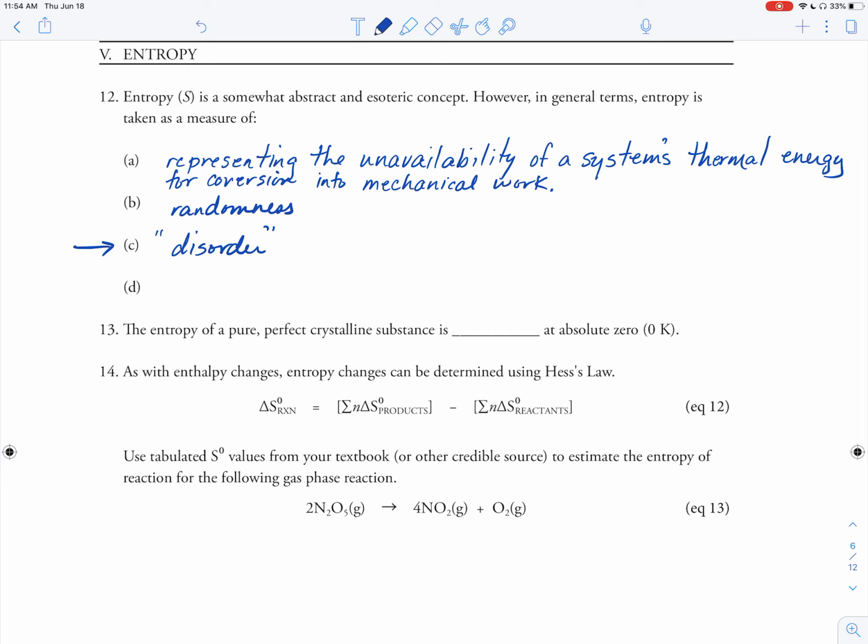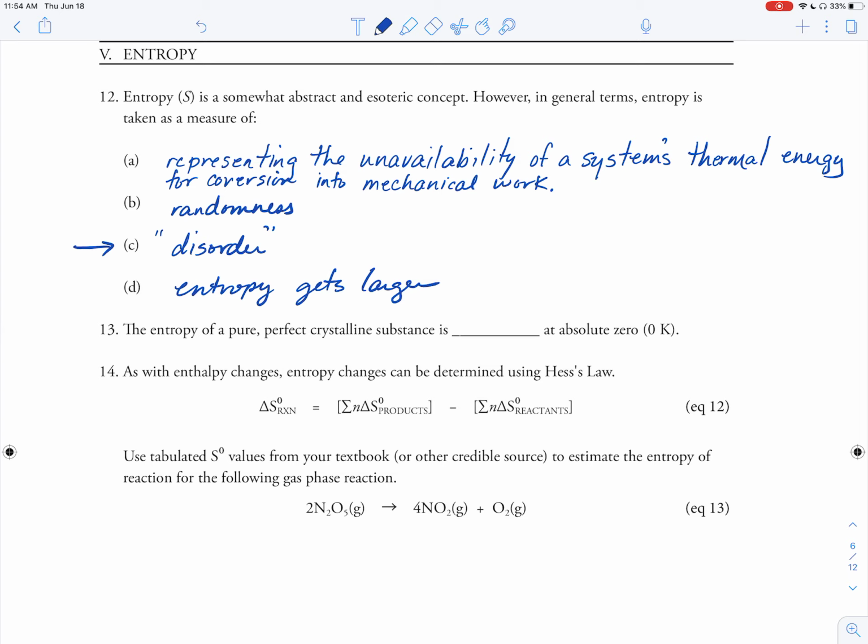Anytime a reaction happens, or even if you're looking at a substance, the measure of disorder will always increase. That means the entropy always gets larger as a reaction proceeds forward.